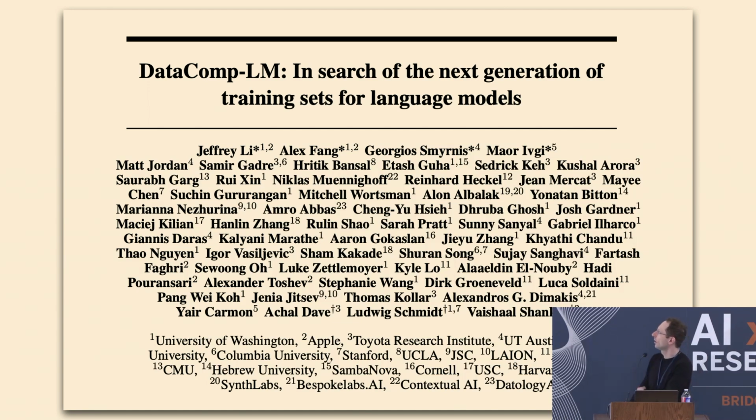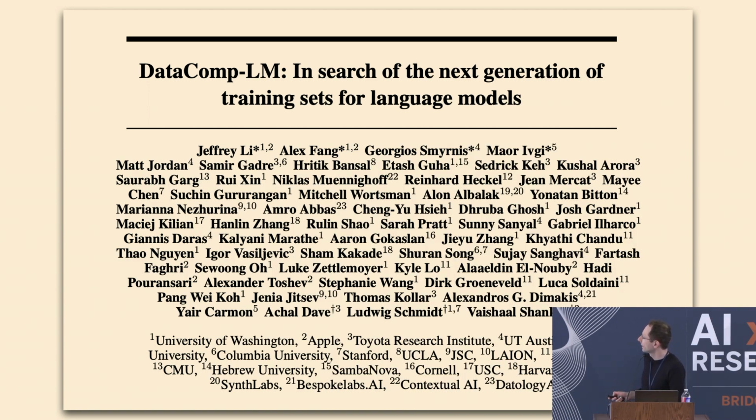So this is the DataComp-LM project. And as you can see from the slide, this is with many, many collaborators. I can only highlight a few of them. Among the students here, Jeffrey and Alex are my students. Back then they were at UW. Now Alex moved with me to Stanford. George is here at UT. He is a student with Alex DeMarcus. He's fantastic. Maor was a student with Yair at Tel Aviv University.